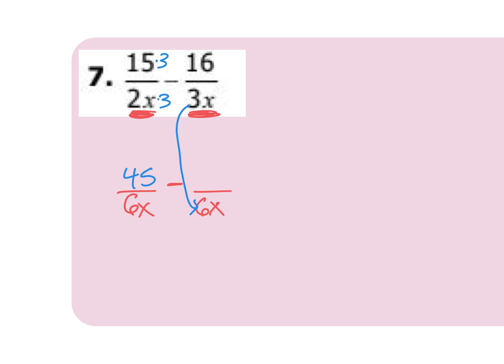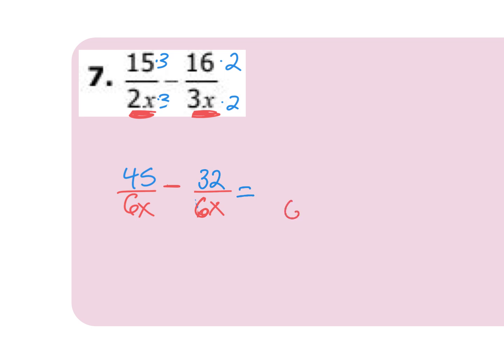It's not going to be 3. This time it's actually going to be 2. Okay, so what we want to do there is just to, whoops, let me fix that. We just want to multiply by 2. And when we do that on top, 16 times 2 is going to be 32.